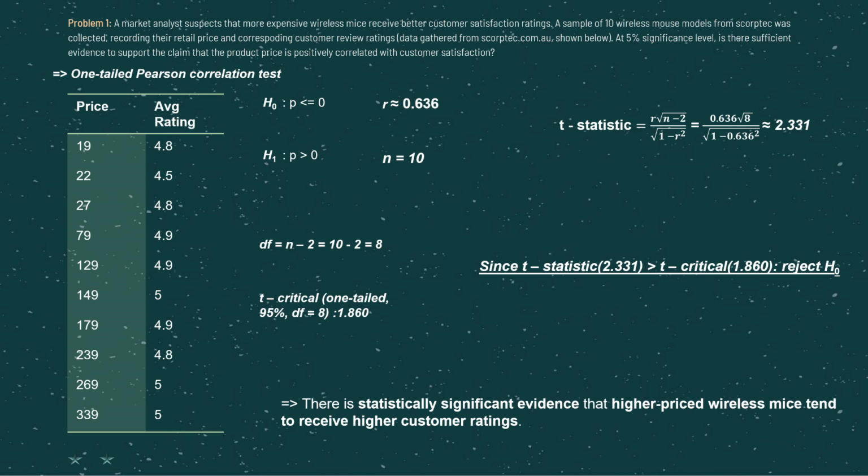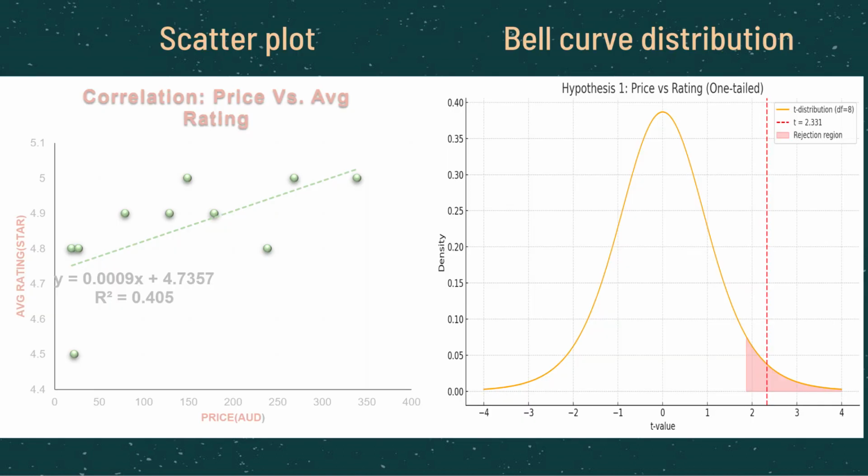Let's turn to problem 2. Oh, sorry, here is some graphical display for you to better understand the test. You can see here is a scatter plot with the trend line. It goes upward, indicating a positive correlation, and 40.5% of the variation can be explained by the price, as the R square value here is 0.405.